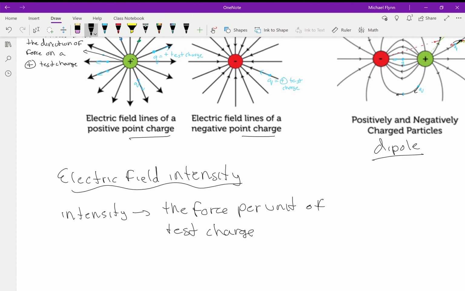Now I'm just going to say, as a little note, 1 coulomb of charge is extremely large.